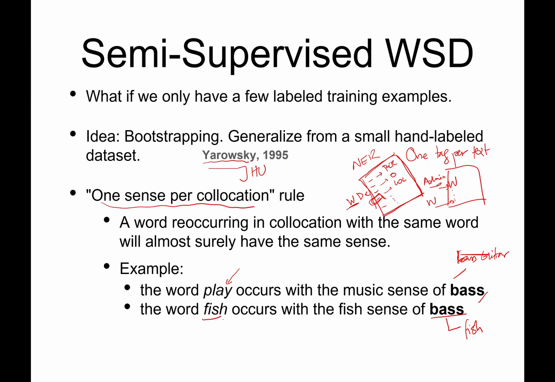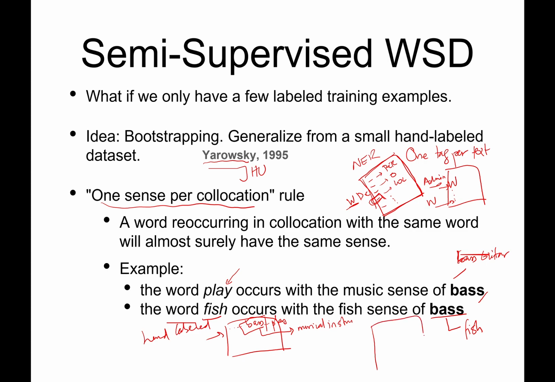If I have a small dataset, which is hand labeled, and I see bass, and it occurs with the word play, and my human annotator says in this specific case we're talking about the musical instrument.